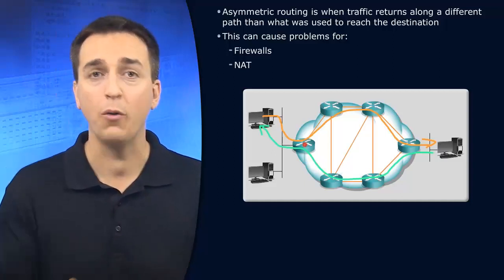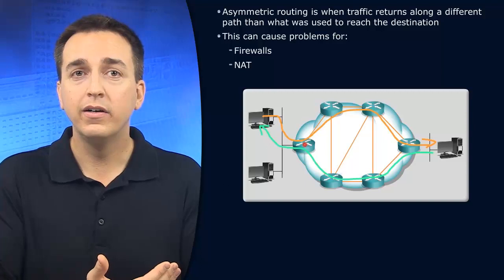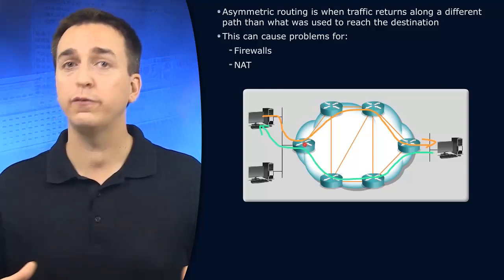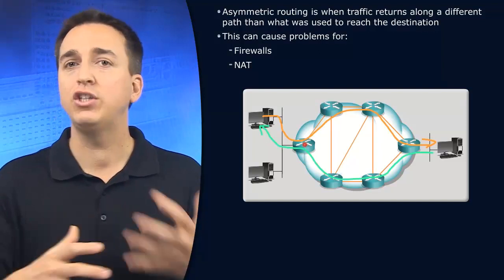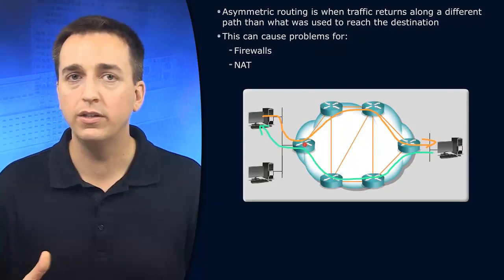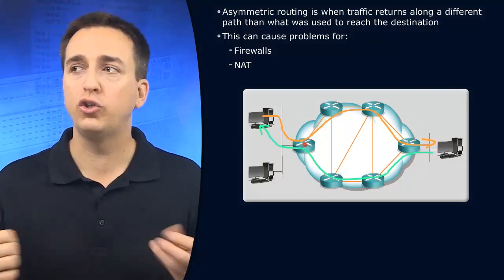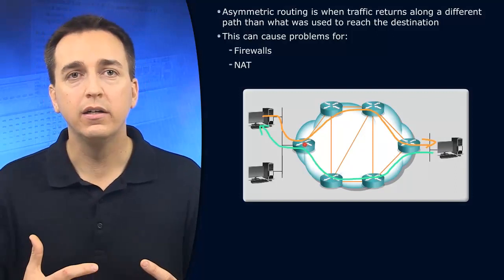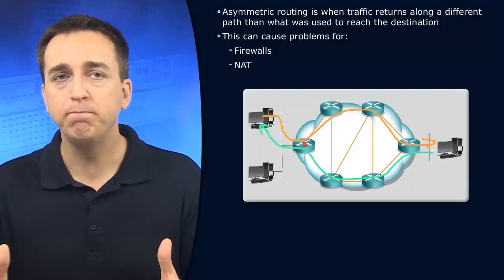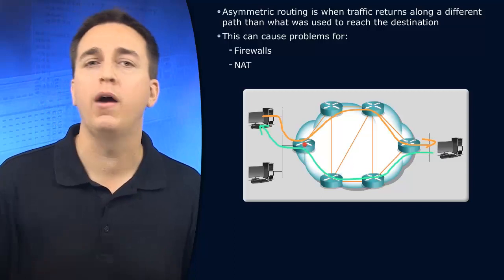Well, when the traffic arrives back, and it arrives inbound on a different interface, is that matching the state information? Does it line up to what the translation originally did? No, it doesn't. So it could become a problem at that point in time.